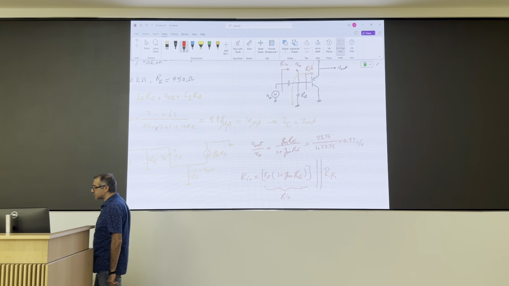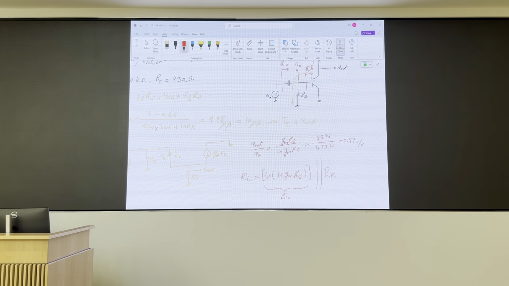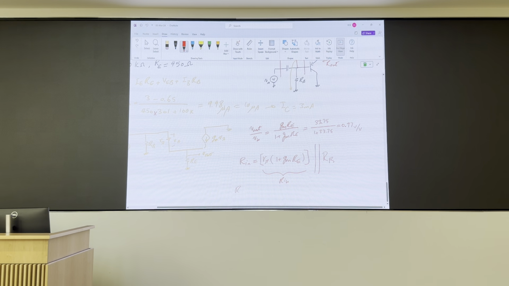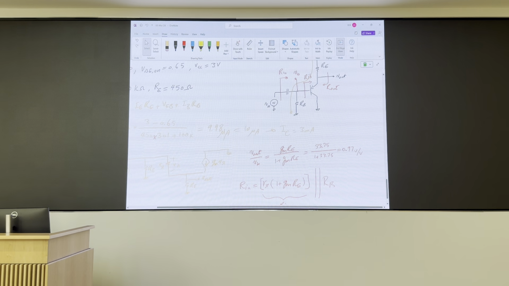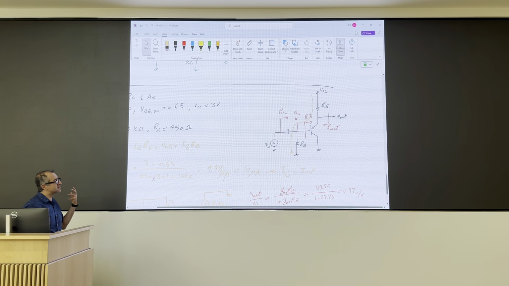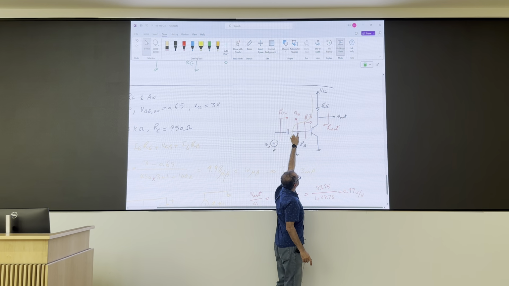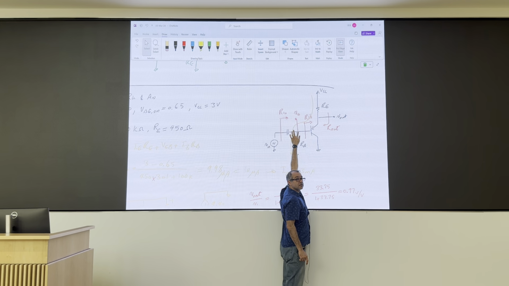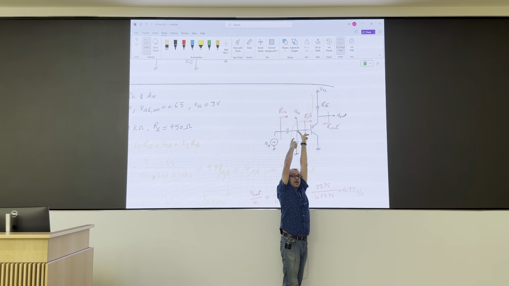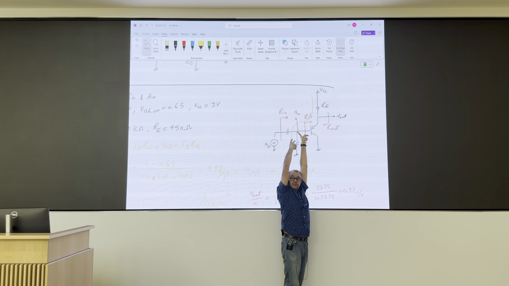What about the output resistance if we want to add it? For output resistance, you remove your source, you zero your source. Zeroing your source means that you have a short circuit to ground at your base. This RB guy doesn't show up.